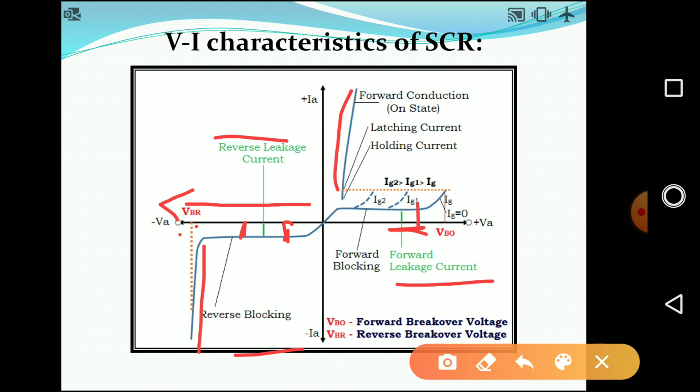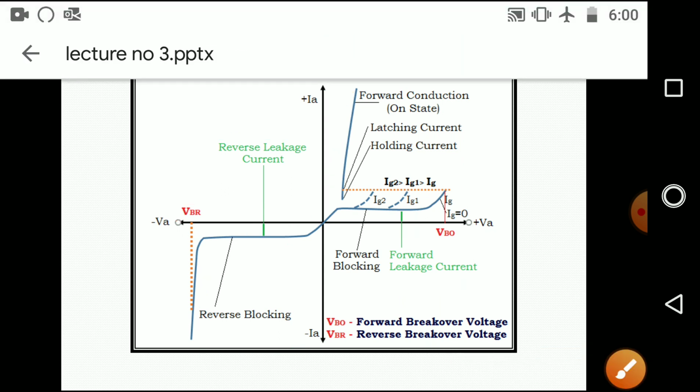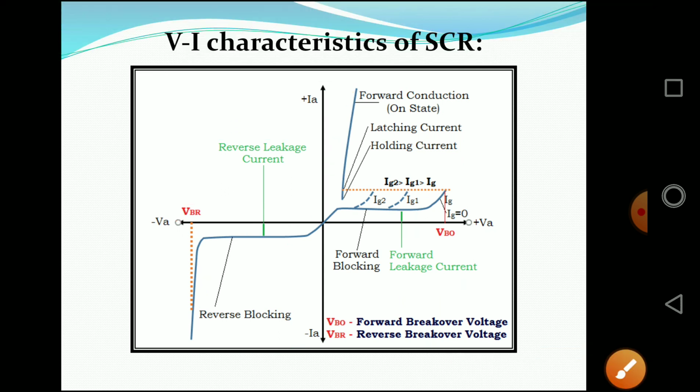This breakdown is called avalanche breakdown. As the current increases to a very high level, the junction temperature increases, which may damage the device. Due to this reason, the SCR is mostly avoided in reverse mode.